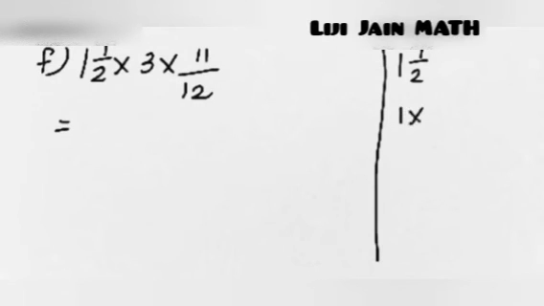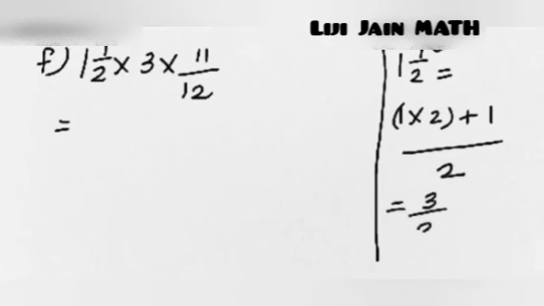Whole number into denominator means 2, plus numerator means 1, whole divided by denominator means 2. That's equal to 1 2 is 2, 2 plus 1 is 3, so 3 by 2. You should be able to do these steps in mind actually. By practice, you will be able to do all these steps in mind.